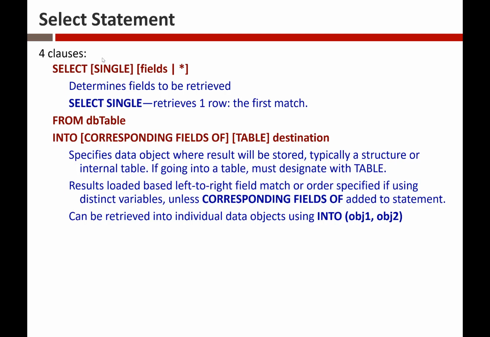So it's not even going into a structure in this situation, it's going into discrete individual data objects. We'll look at examples of all of this here in just a few minutes and when we get together later this week.